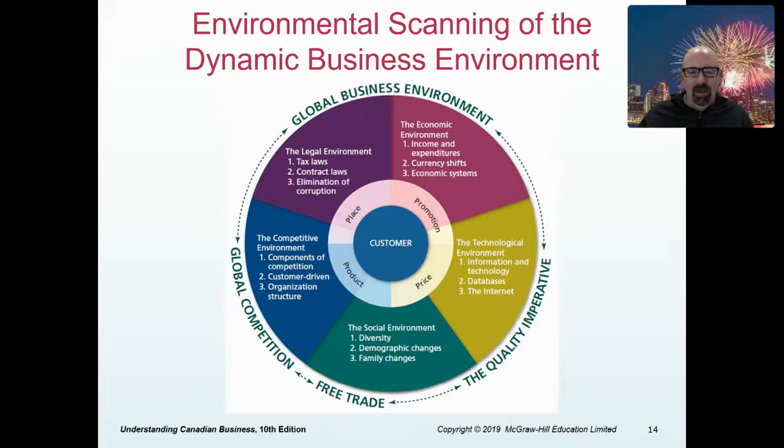And family changes. Here's something else we have seen as well. We've seen a shift in Canada of when people have children. People have children in Canada at a much older age than they did 50 or 60 or 70 years ago.